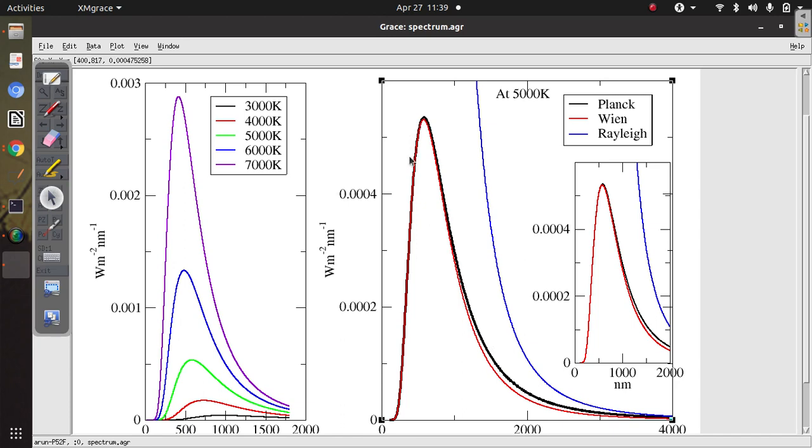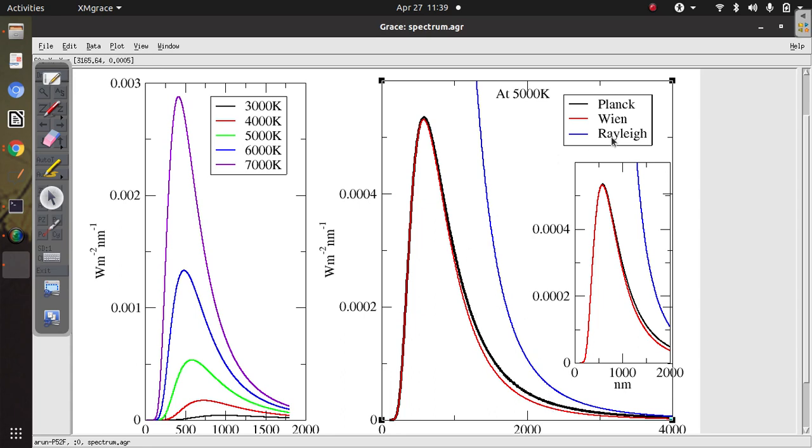At lower wavelengths, Wien's law exactly resembles Planck's law, but at higher wavelengths it does not resemble Planck's law, right?